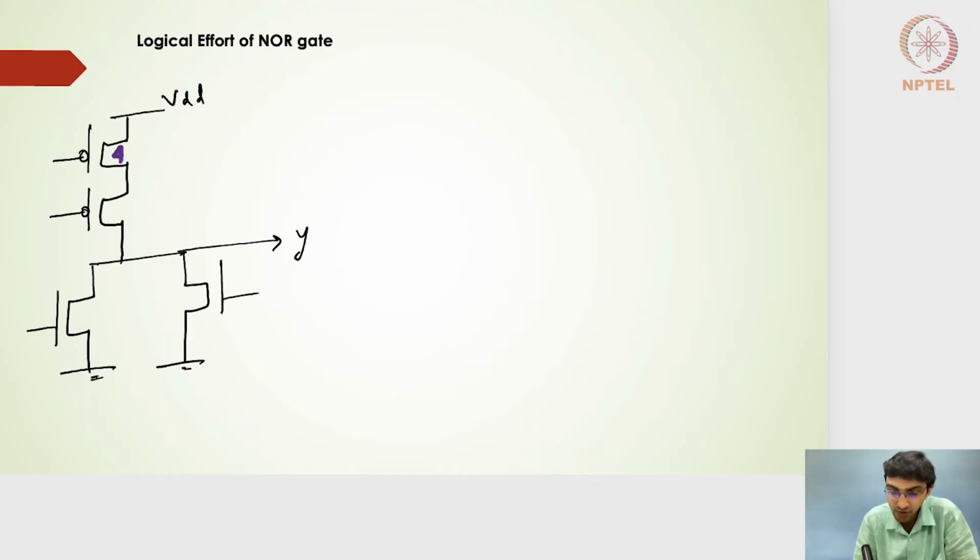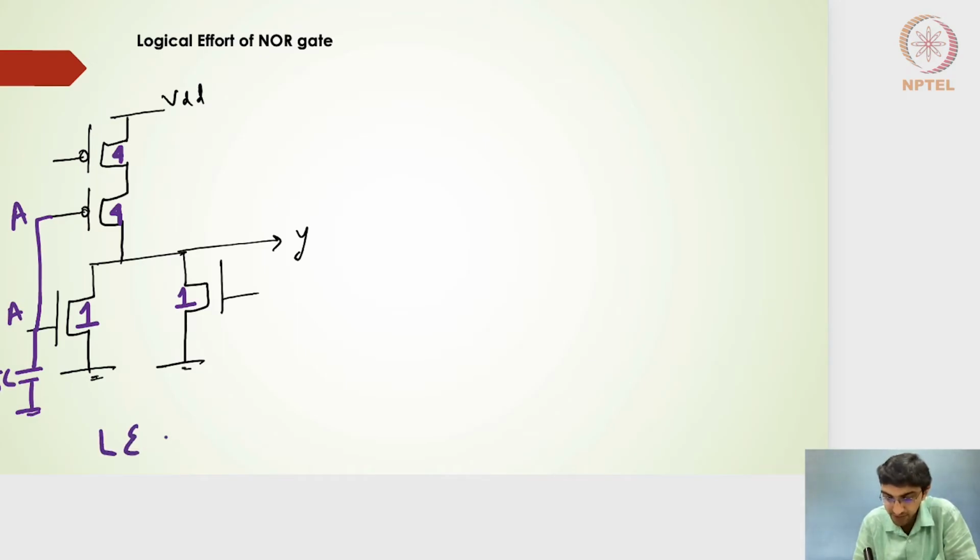So here I will size it to 4 and 4 so that I will get R by 2 from these individual PMOS transistors, and put together I will get a rising resistance of R. Here I will make it 1 and 1. So my logical effort, if I consider one of these inputs which are tied, if I consider this to be an A input, I will get the capacitance of 5C here.